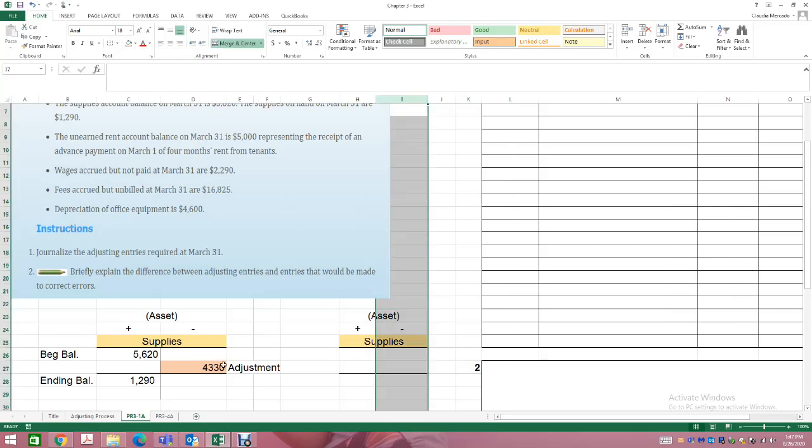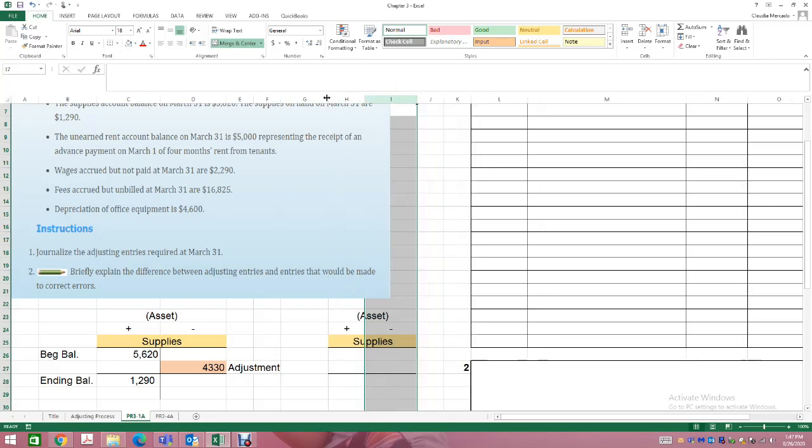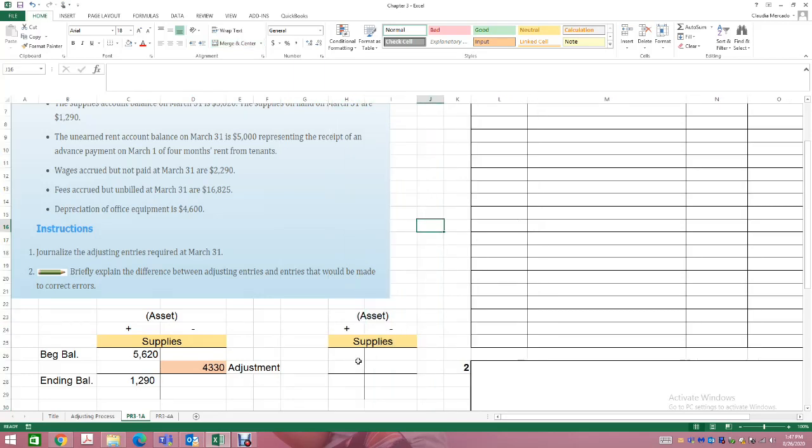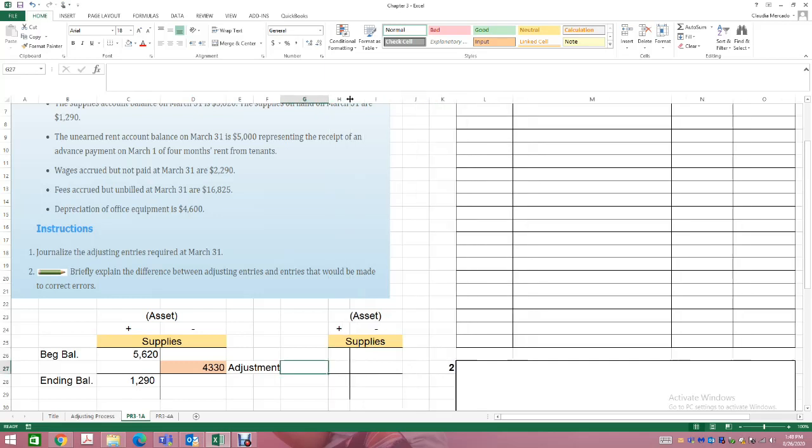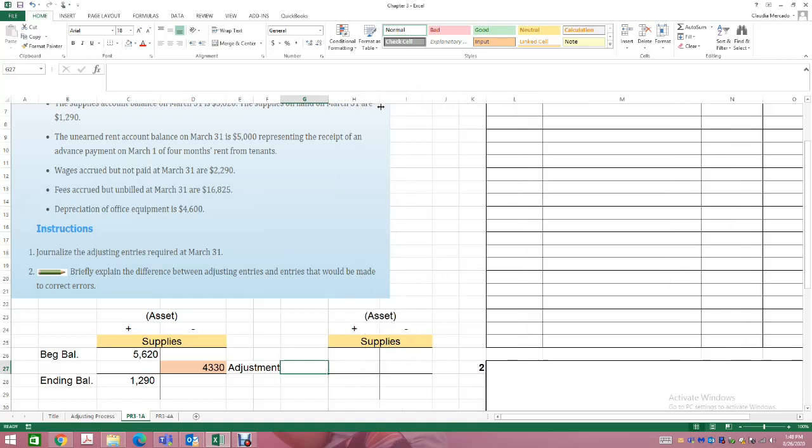I know I need to credit my supplies account for 4330. But what am I going to debit? Remember, debits must always equal credits. That's the rule of accounting. Debits must equal credits. So I know that my supplies account decreased.